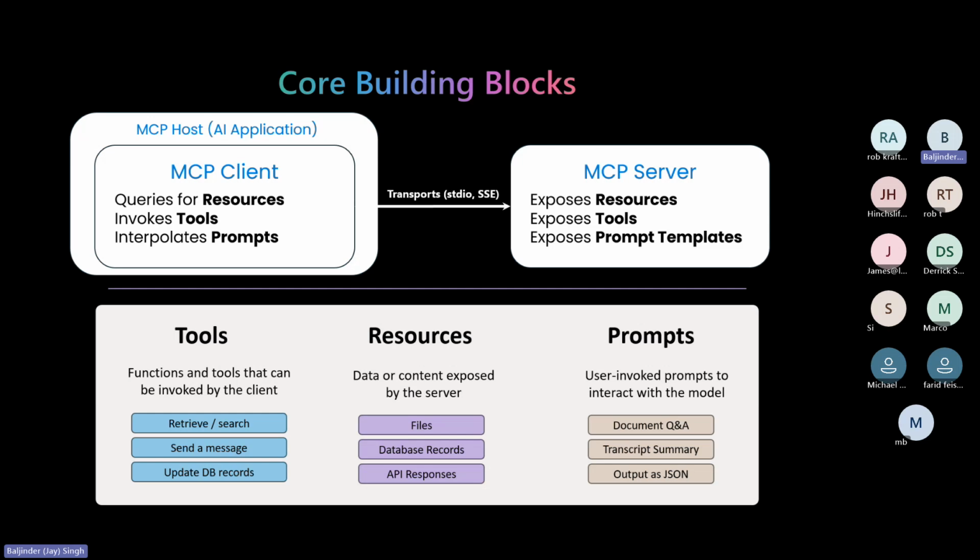Next are resources, which are read-only data or content exposed by the server to provide context. Examples are files, database records, and API responses. And finally, prompts, which are server-defined templates that guide how agents interact with the model, such as document Q&A, transcript summarization, and forcing structured output like JSON. So these are the three primitives: tools, resources, and prompts.